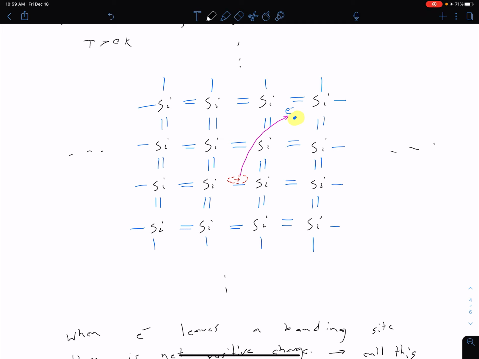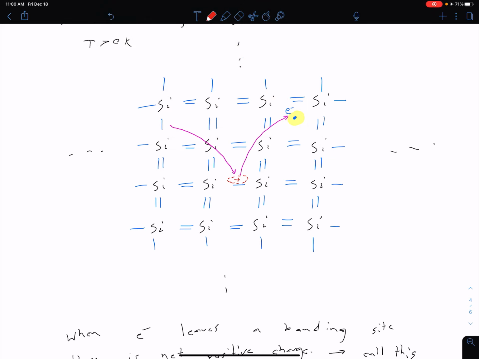And so that's a little bit more difficult to see, but what we could say is let's consider maybe there's another electron now that has enough energy to escape its bond. So let's say maybe this electron over here has enough energy to escape. So what can happen is this electron can move from here and it can come over here to the space that was left behind by this electron.